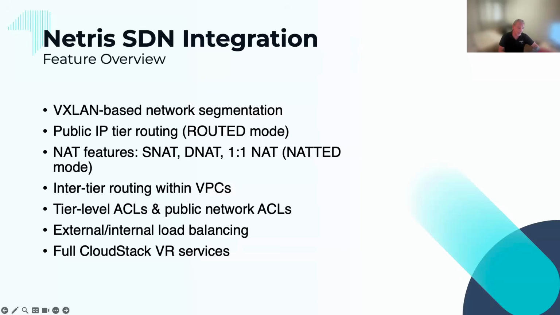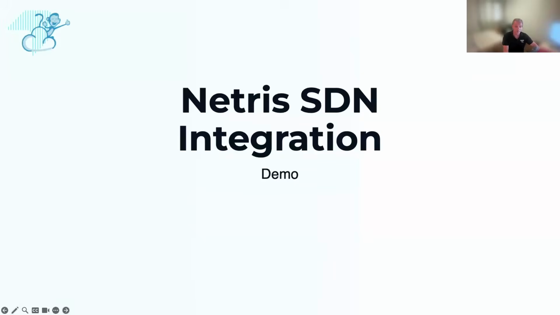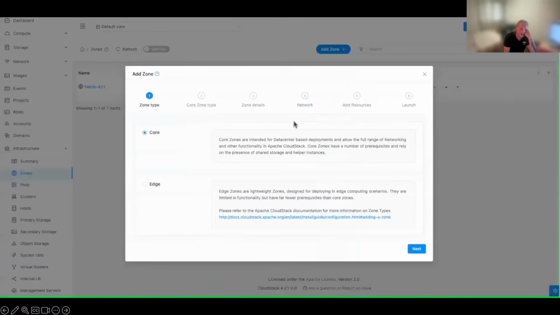So you need to continue using the virtual router, not for routing or NAT purposes in that case, just for DHCP, DNS, user data, and password management. Let's take a look at how to create a zone with support for Netris.